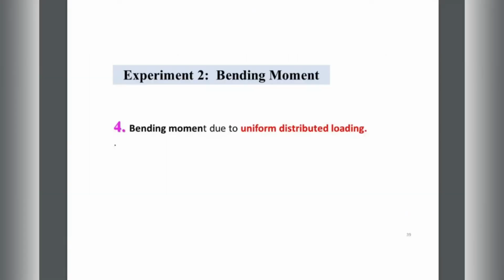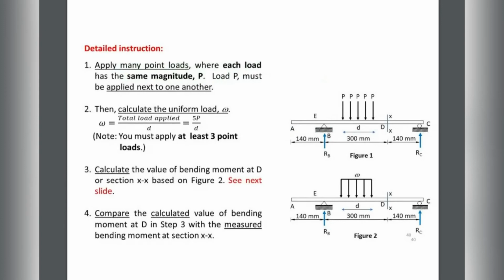Okay, I will be talking about experiment 2 regarding bending moment due to uniformly distributed loading, UDL. First of all, we need to make sure the digital force display meter is set to 0 when no load is applied. Next, we apply many point loads where each load has the same magnitude P, and the loads must be applied next to one another in the middle of the meter.